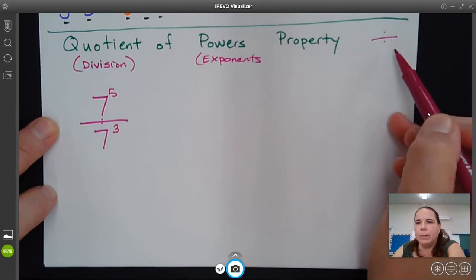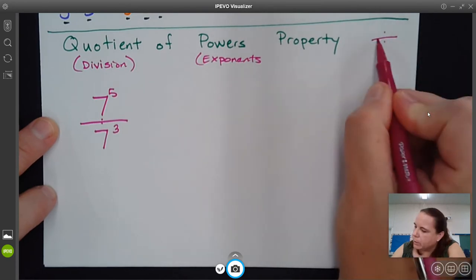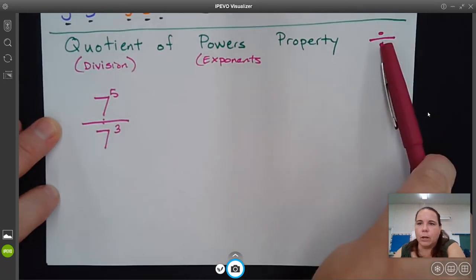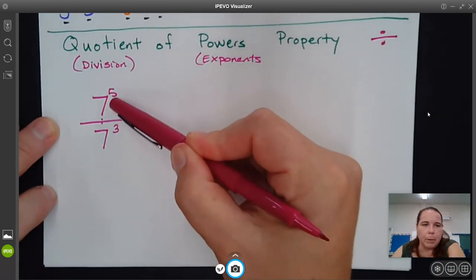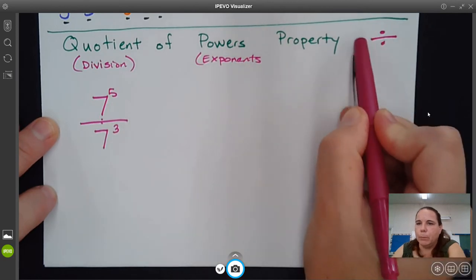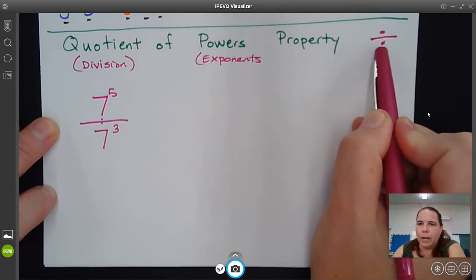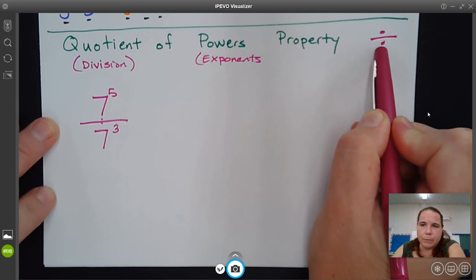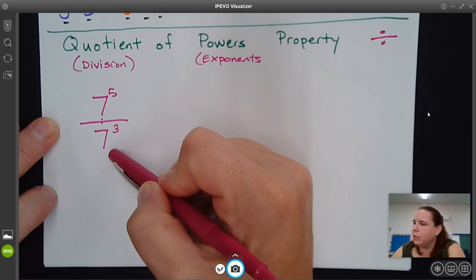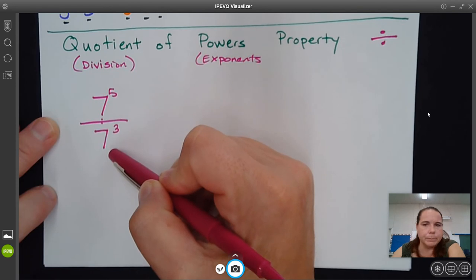And if you really think about this division symbol, notice it's a line with 2 dots. Well, guess what those dots are? They represent the parts of a fraction. So really the division symbol is just a picture of a generic fraction. So you're going to be seeing your division in fraction form.